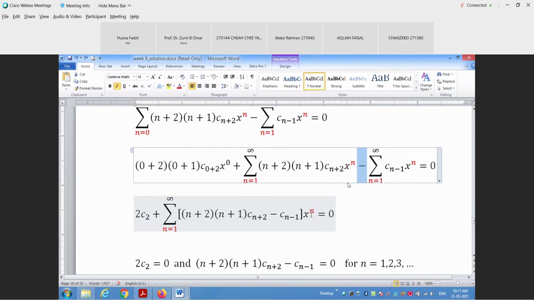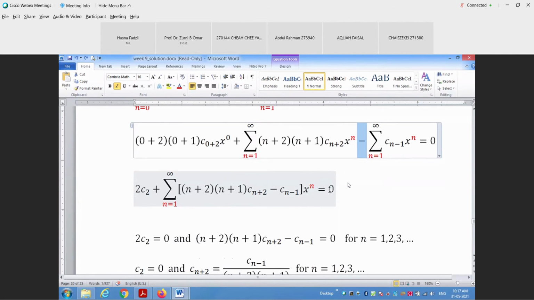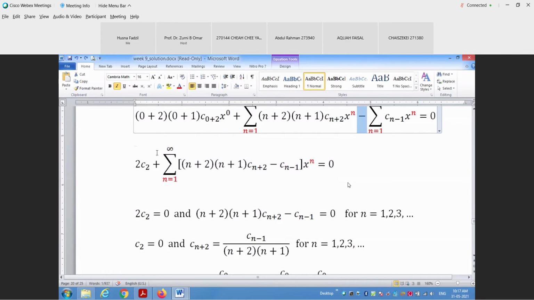This one equals 0. So all these terms will become 0 if and only if 2C2 equals 0. 2C2 must equal 0, and this implies that C2 must equal 0.